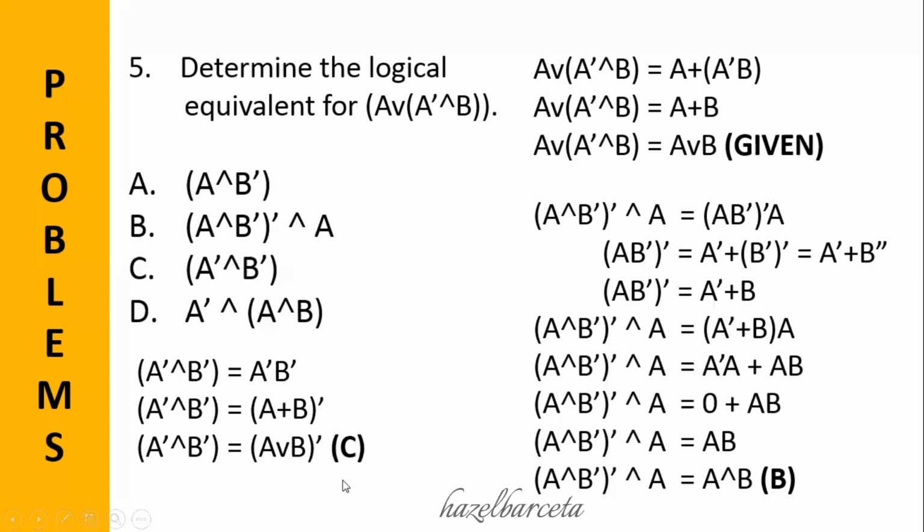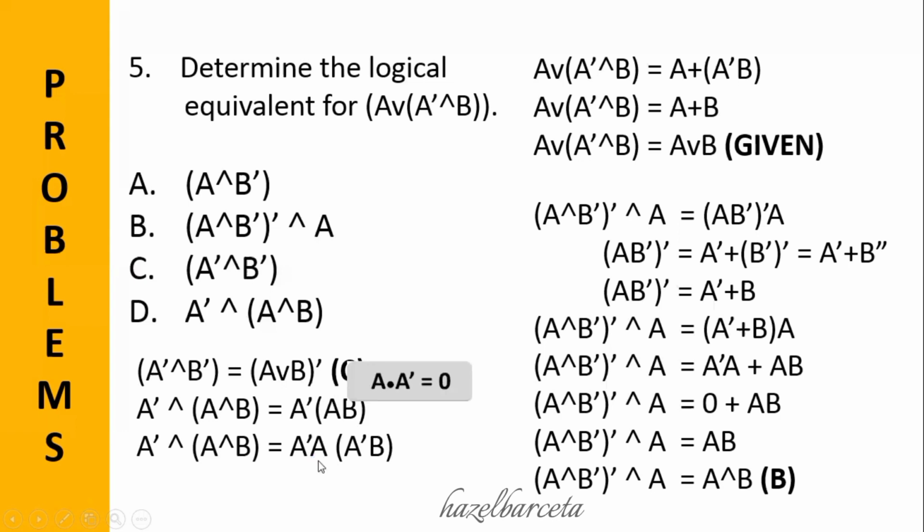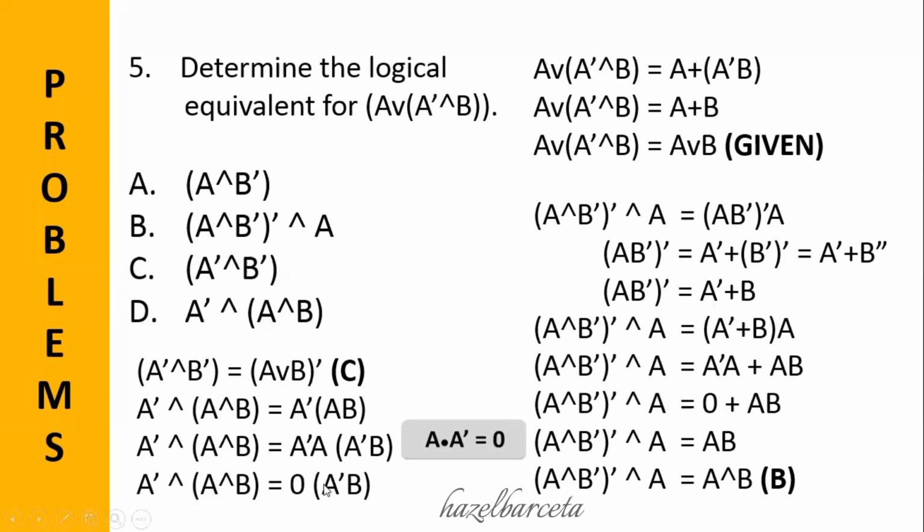So, this is letter C, and we have to proceed for letter D. Here, magiging po siyang A prime times the quantity of A times B. And distribution method, A prime times A times A prime times B. But we have this law, A prime times A is equal to 0. Therefore, the answer is 0.